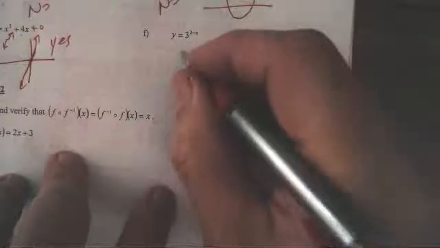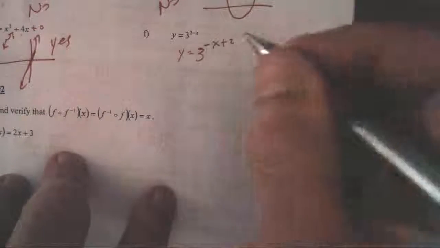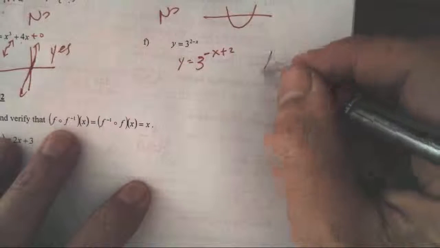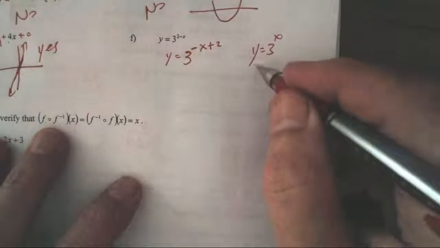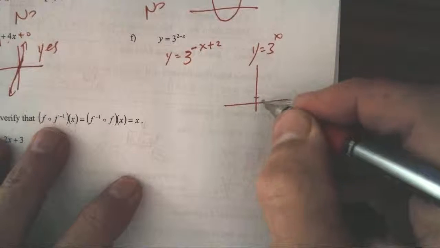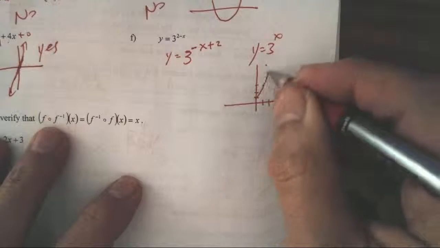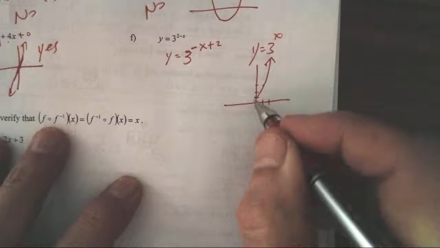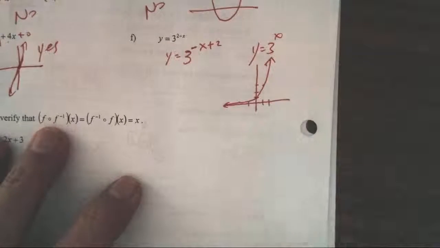Okay, I'm going to rewrite this as y equals 3 to the -x plus 2. Maybe we know what y equals. Let's just work with y equals 3 to the x. You could do this on your graphing calculator. I put in 0, I get 1. I put in 1, I get 3. I put in 2, I'm all the way up to 9. I put in -1, I get a third, a ninth, 1/27th, looks like this.